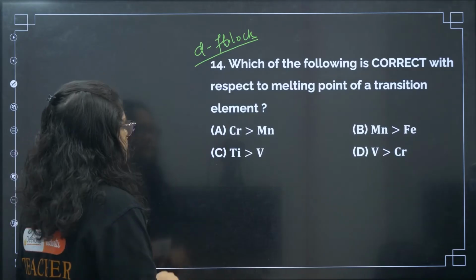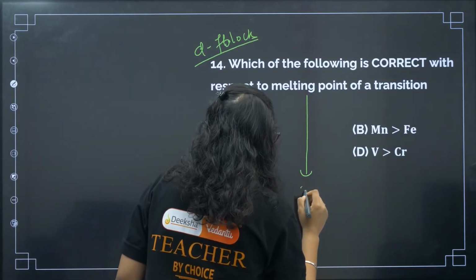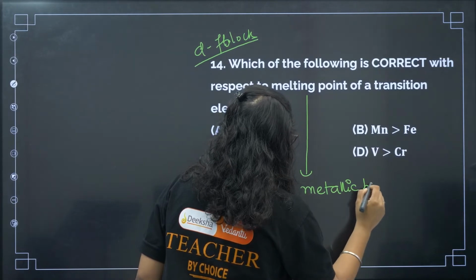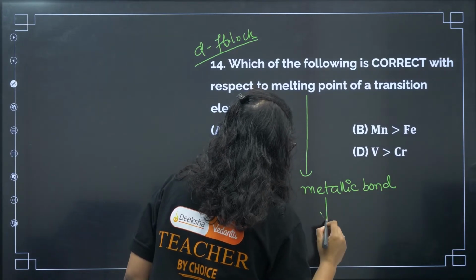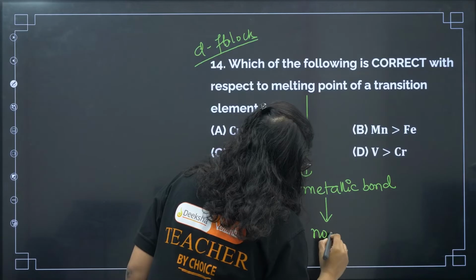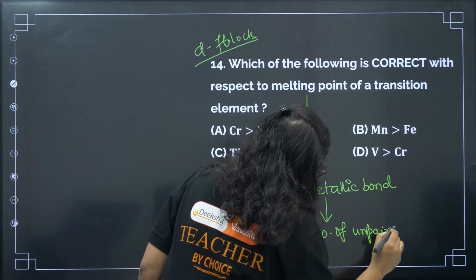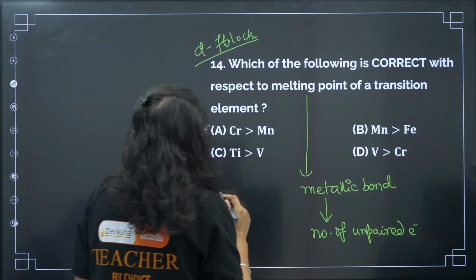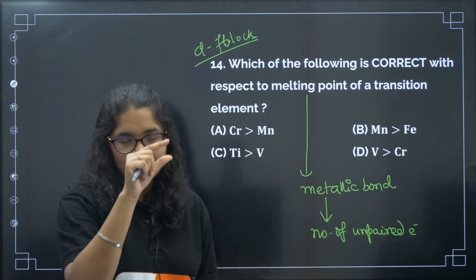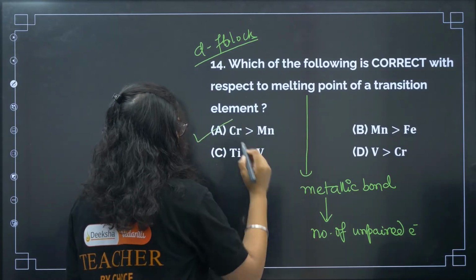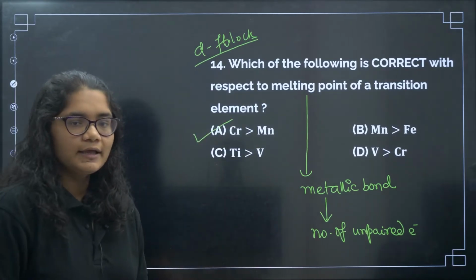So now what happens, the melting point depends on the metallic bonding, right? The strength of metallic bonding, and the strength of metallic bonding depends on the number of unpaired electrons, right? So if you see chromium has more number of unpaired electrons, so the melting point of chromium is more than manganese. So the correct answer for this question is option number A.